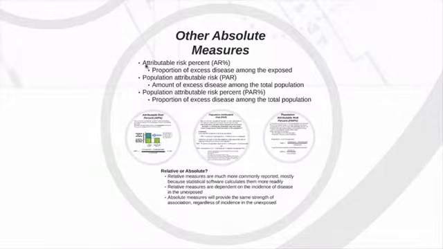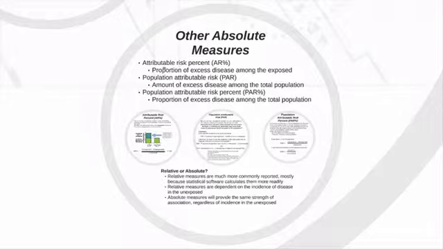But basically, instead of just calculating the number of cases that would be prevented, we can also calculate the proportion of cases that could be prevented in our women exposed. And then we can go to a different thing, which is, in the entire population of women in the country, both those unexposed and exposed, how many cases and what proportion of cases would we prevent if we took away this exposure?